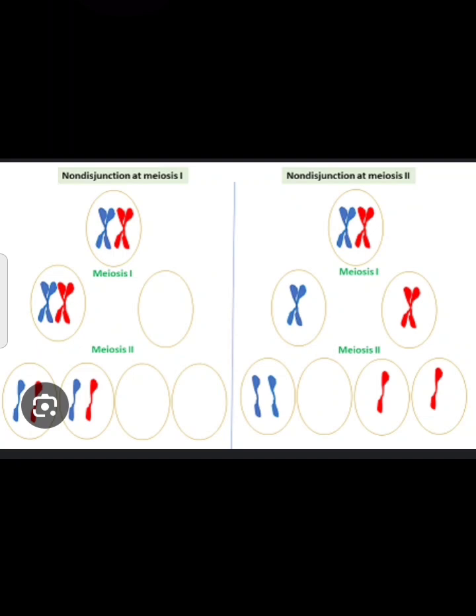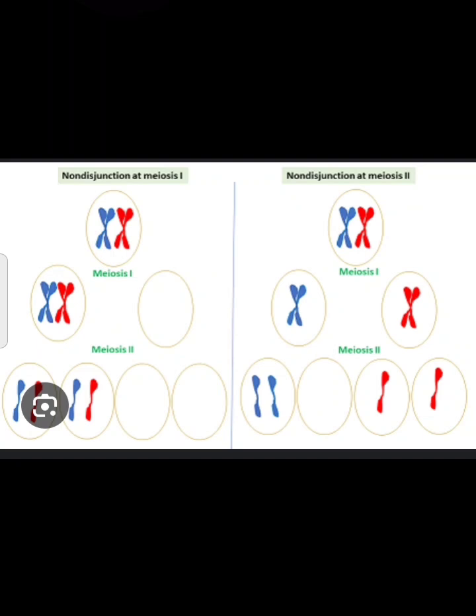two daughter cells. But if that is not happening, then one daughter cell does not get a chromosome from that homologous pair, and one daughter cell will get two instead of one. If this happens with the 21st chromosome, that can lead to a gamete with two 21 chromosomes.